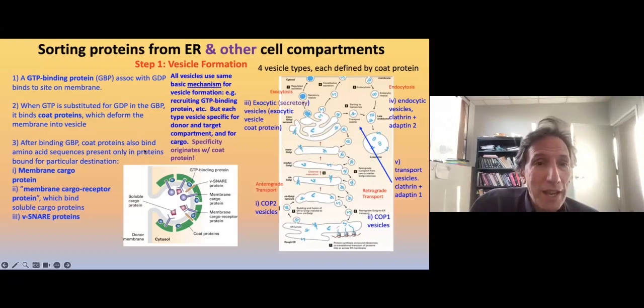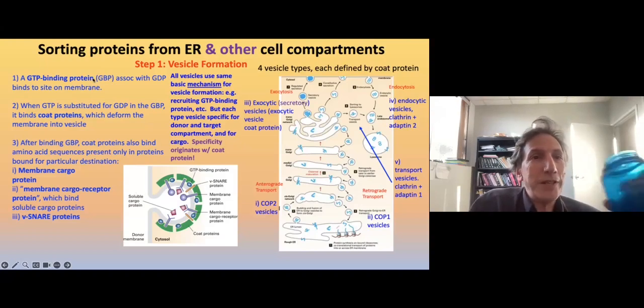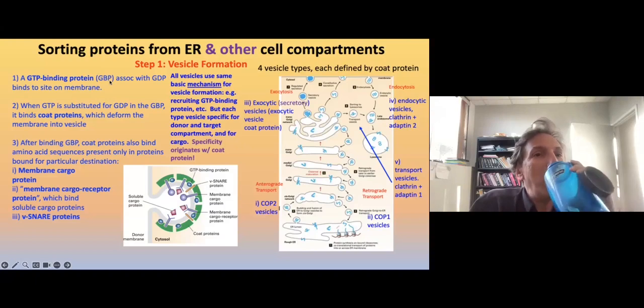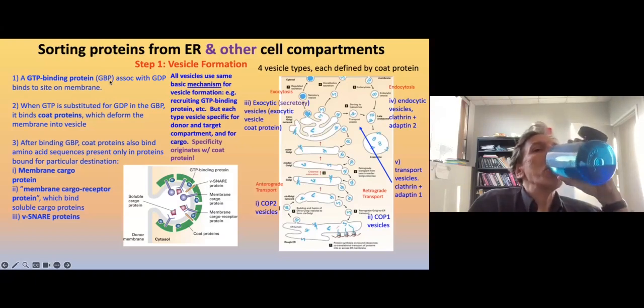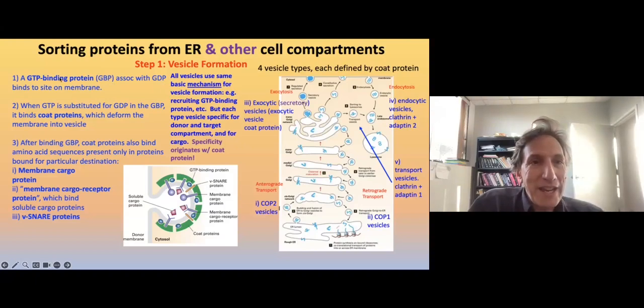So to get the vesicle to form, it always starts with a GTP binding protein. We'll call it sometimes GBP. And it's like any of these GTP binding proteins. It's in two forms.